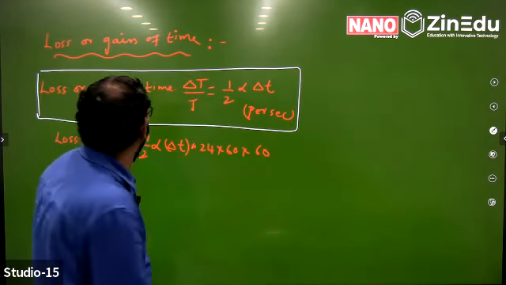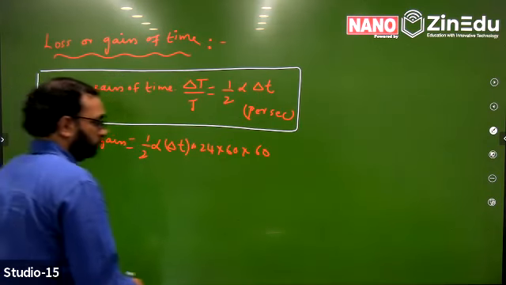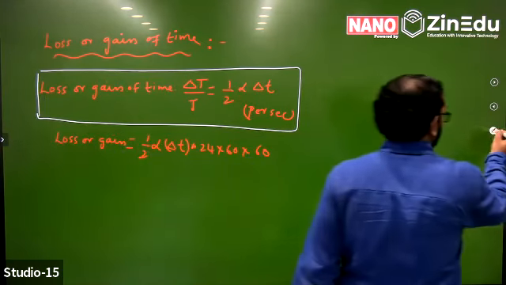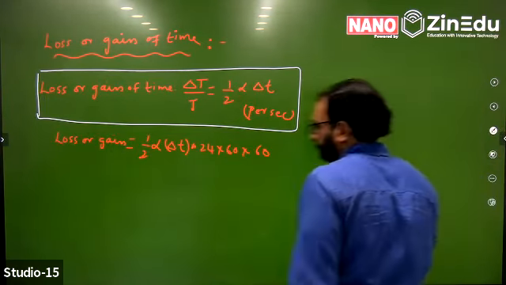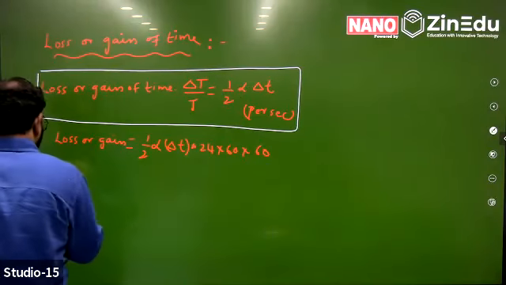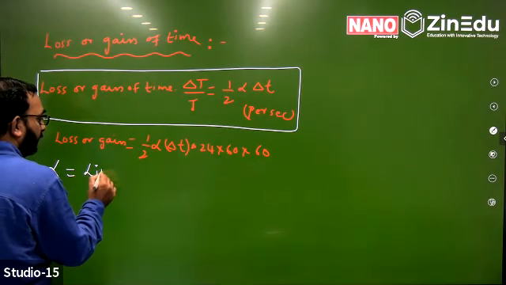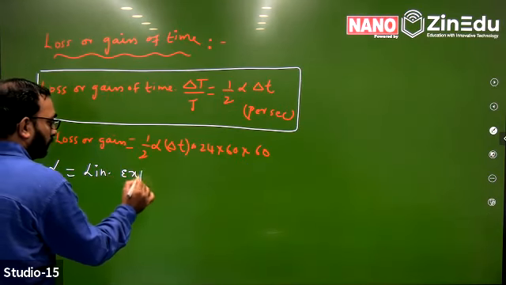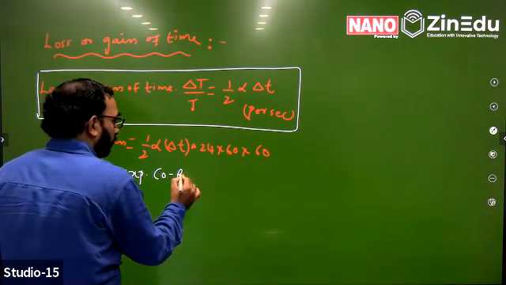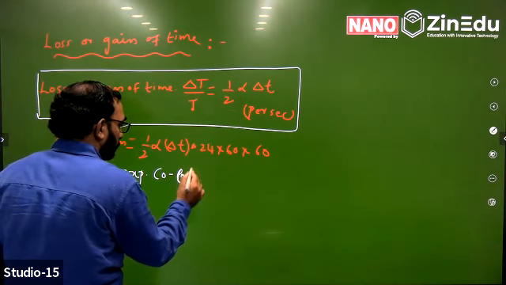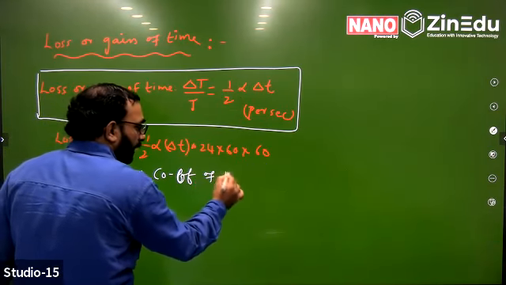And alpha means what here? Alpha stands for what? Alpha means the linear expansion coefficient of the pendulum rod.